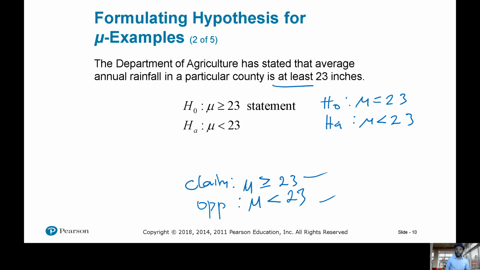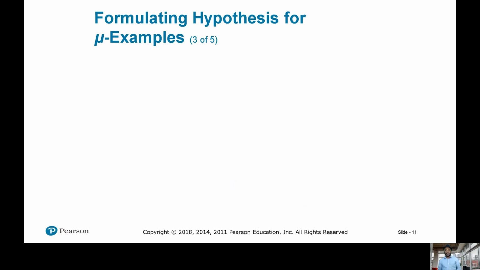This is also correct. Either way is correct. Just remember that our null hypothesis is a statement of equality. Again, what type of test would this be? You are right if you said a left-tail test. So it's a one-tail, lower-tail test or a left-tail test.